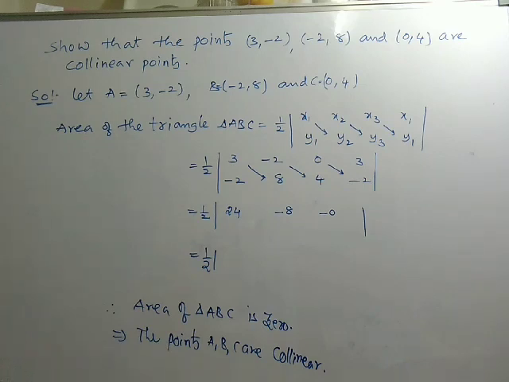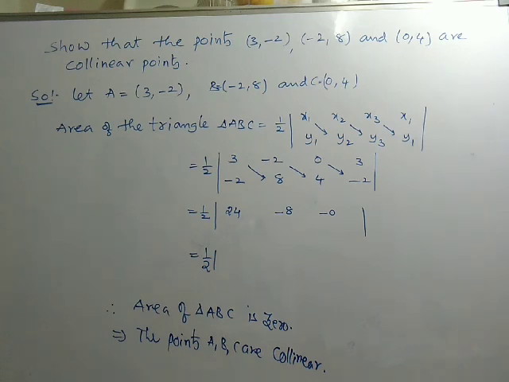Show that the points (3, -2), (-2, 8) and (0, 4) are collinear points. The given three points, you can assume the first point as capital A, the second point as capital B and the third point as capital C. You can use any one of the formulas to find the area of the triangle.